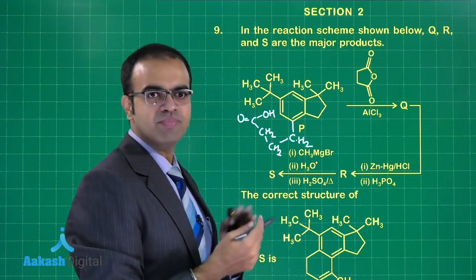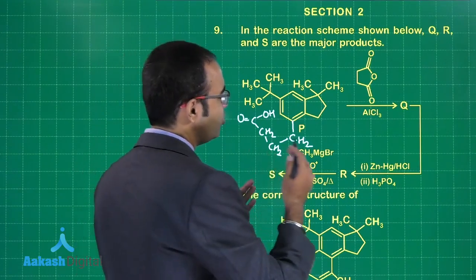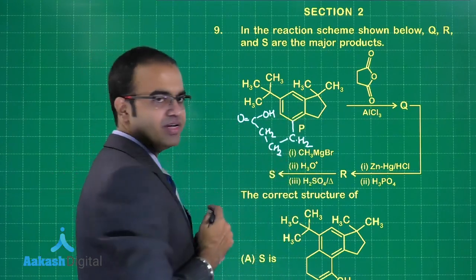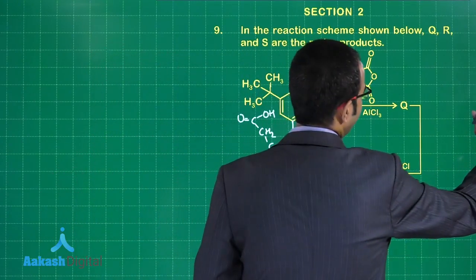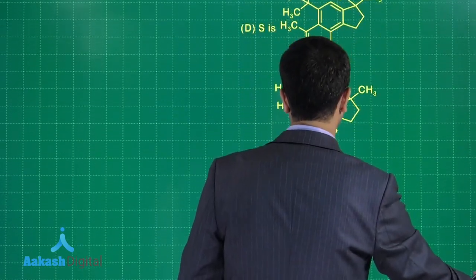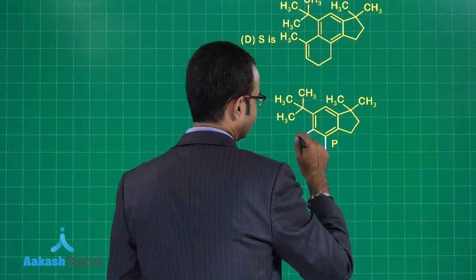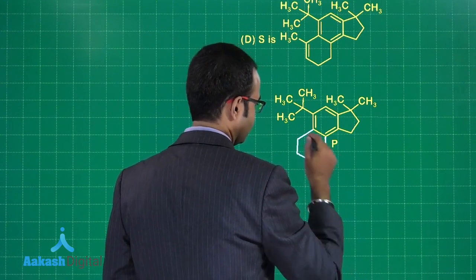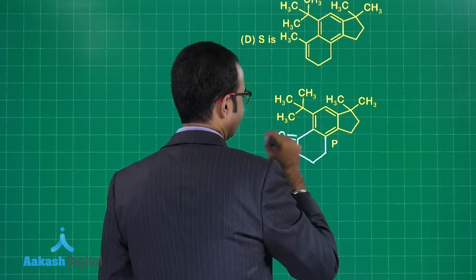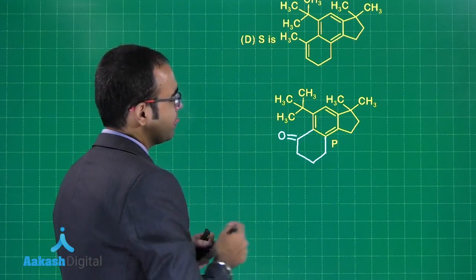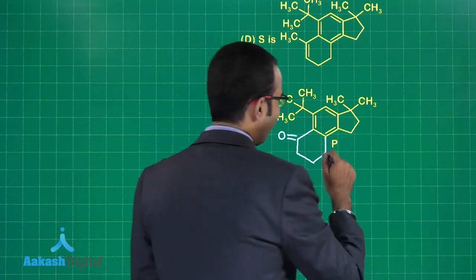So your compound R is a cyclic product over here, right? So let us look at what your compound R is. Your compound R is this compound, guys, isn't it? Yes. Okay. So this is your compound R, guys.